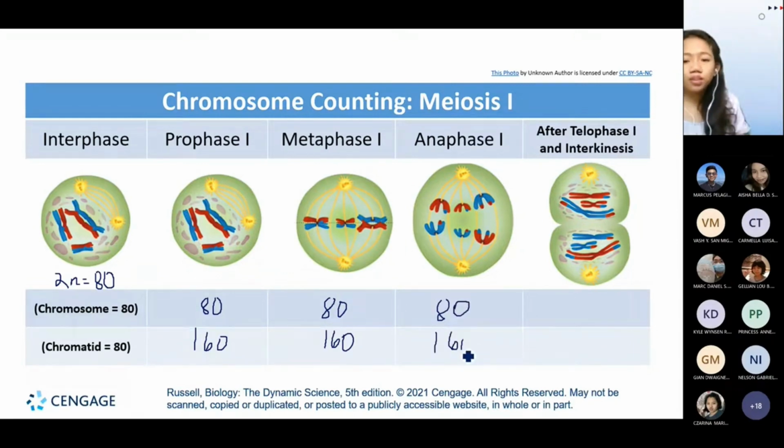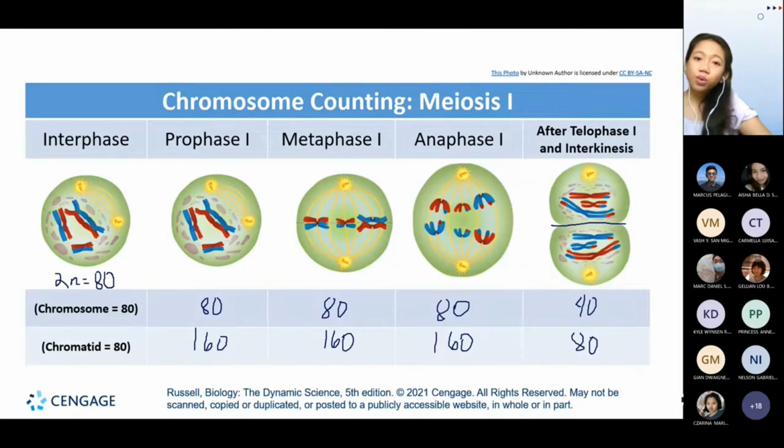By the end of telophase and interkinesis, how many chromosomes and chromatids will there be per cell? Glazlyn, go ahead. 40. 40 what? Chromosomes. And 80 for chromatids. Yes, very good. So 40 chromosomes and then 80 chromatids.